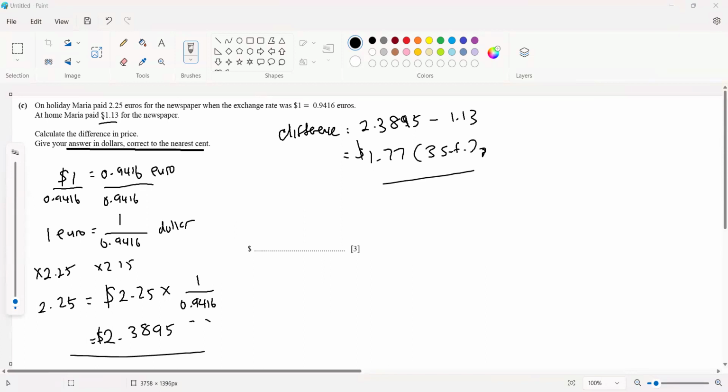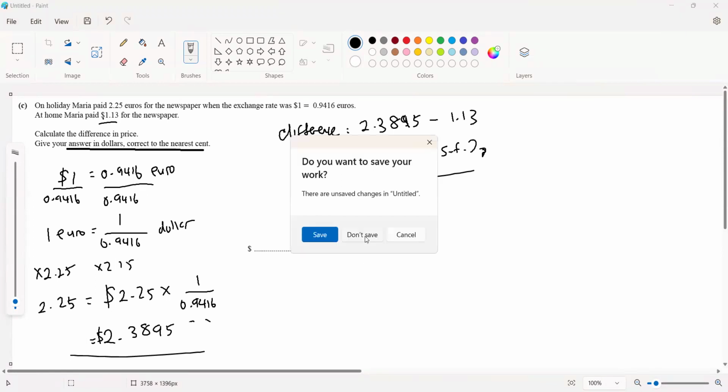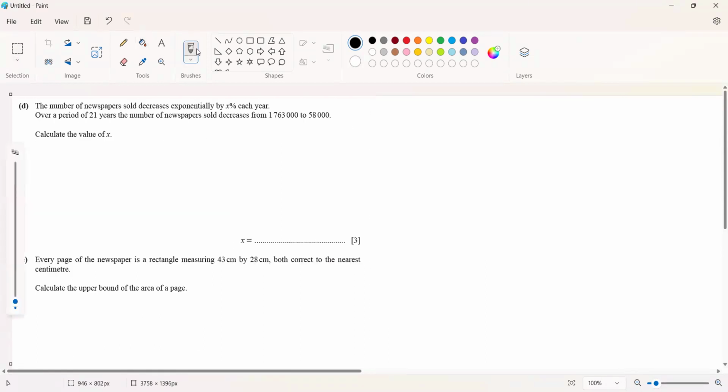So that's question C done. Moving on to questions D and E. We have an exponential decrease by x% each year. Over a period of 21 years, the number of newspapers sold decreases from 1,763,000 to 58,000. Calculate the value of x. This is a percentage change formula, like compound interest.